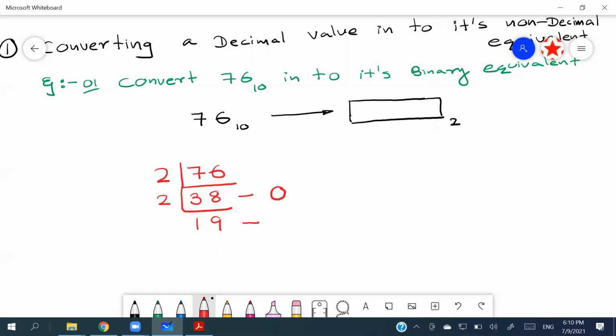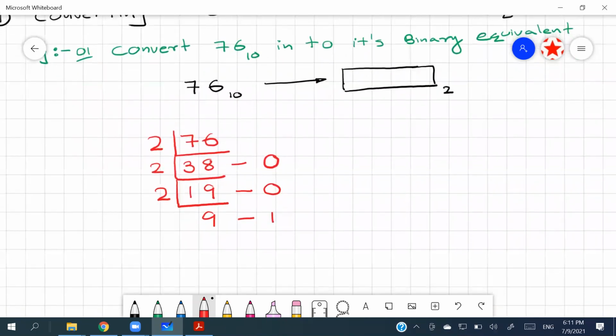So again, 0 is the remaining part. So 19 is not less than 2, so I'm going to divide it again by 2. This time it's going to be 9, and I'm having 1 as the remainder because 2 into 9 is 18. So once 19 is divided by 2, 9 and 1 is remaining.